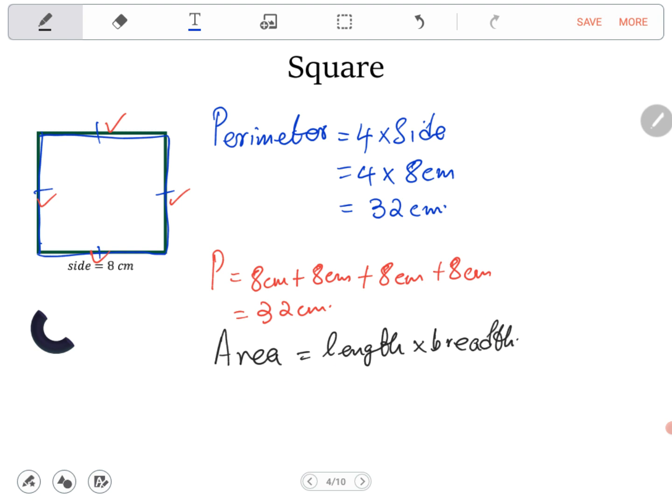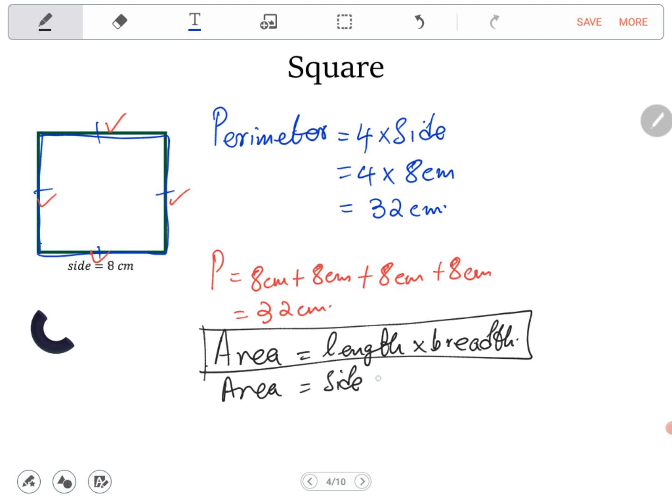But because the length and the breadth are equal in a square, we simply say the area of a square will be the side squared, because it will be the length times the length.